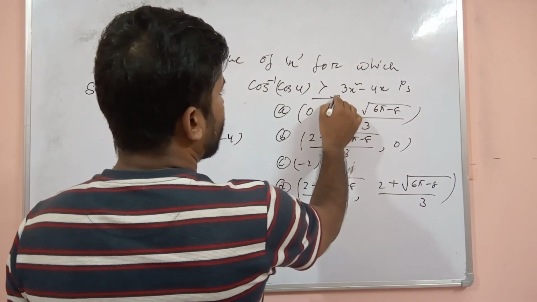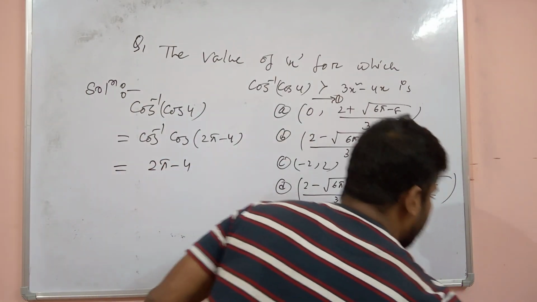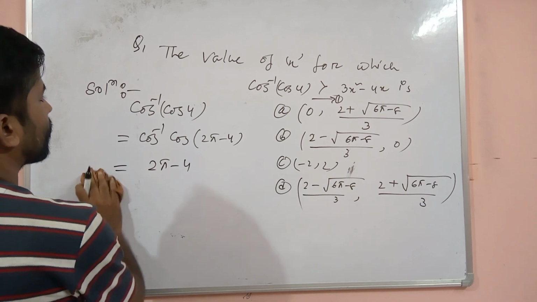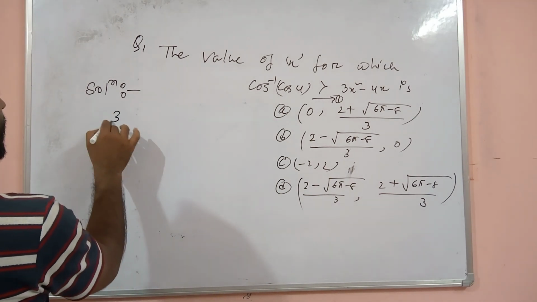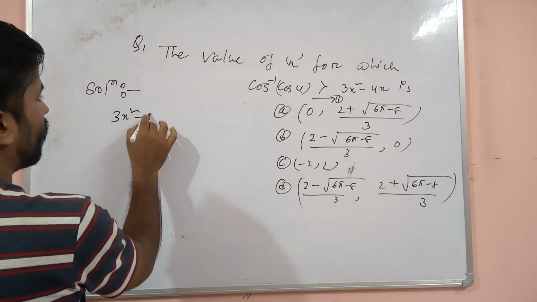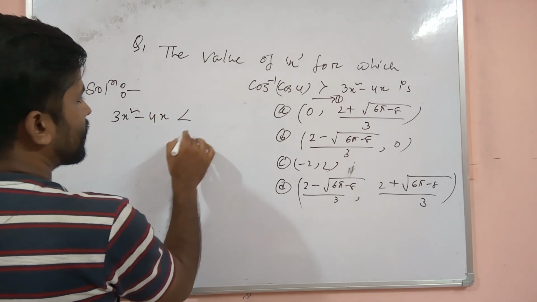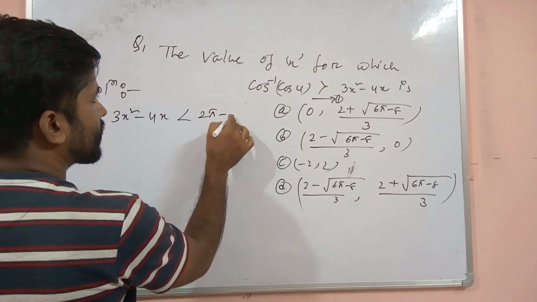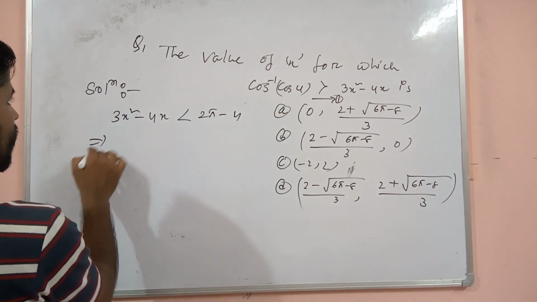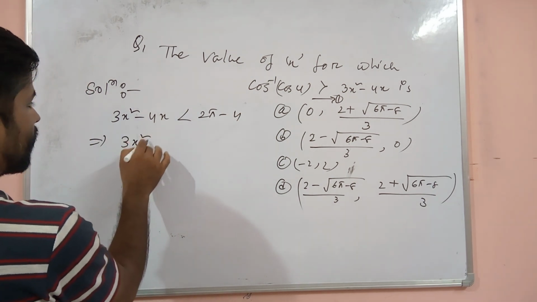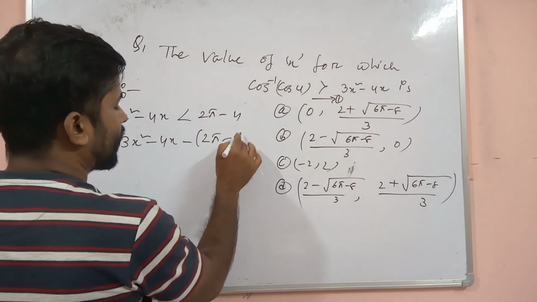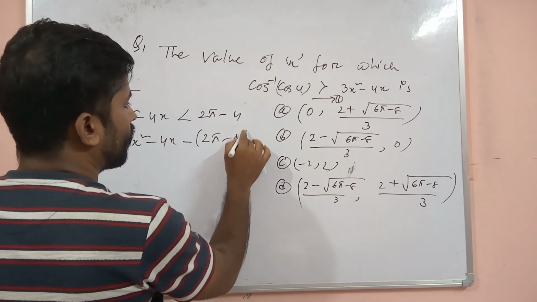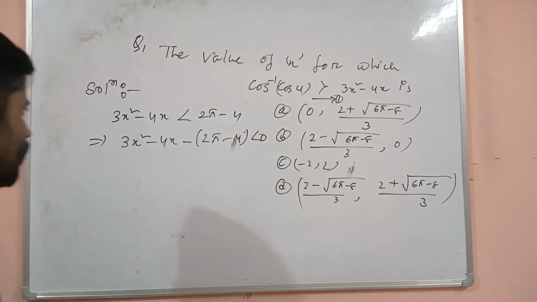Suppose this is equation 1, so it would be like this: 3x square minus 4x less than 2 pi minus 4. So it would be 3x square minus 4x minus (2 pi minus 4) less than 0.